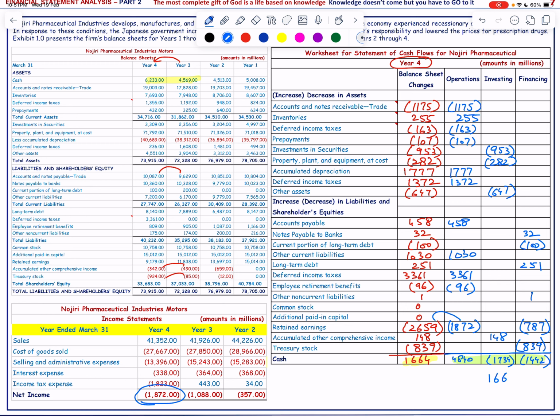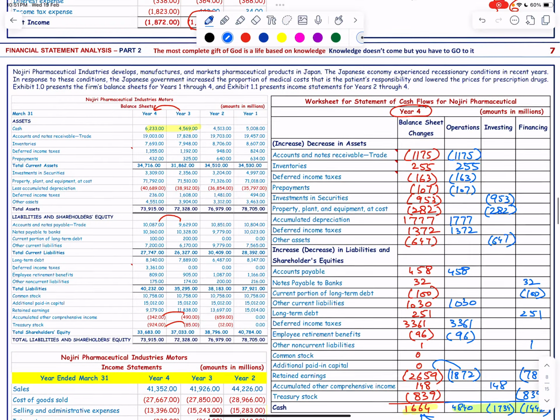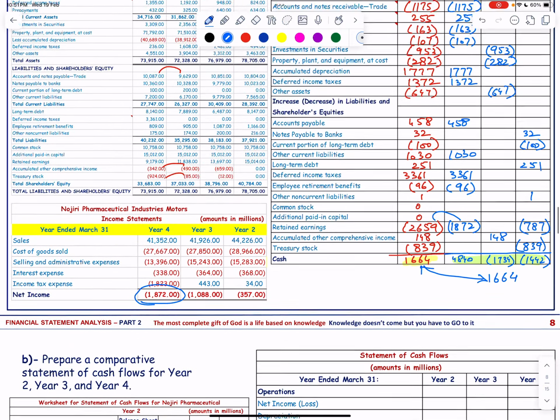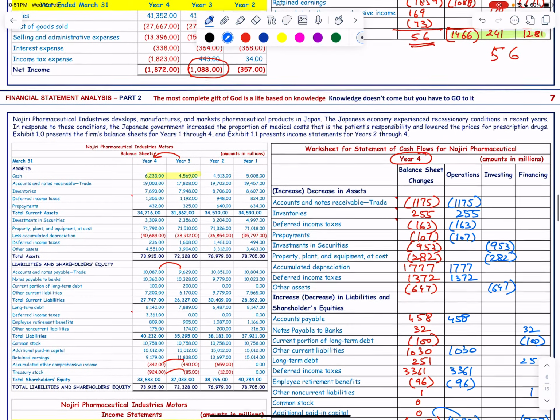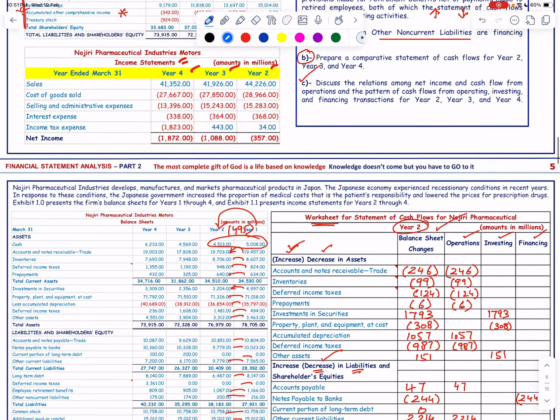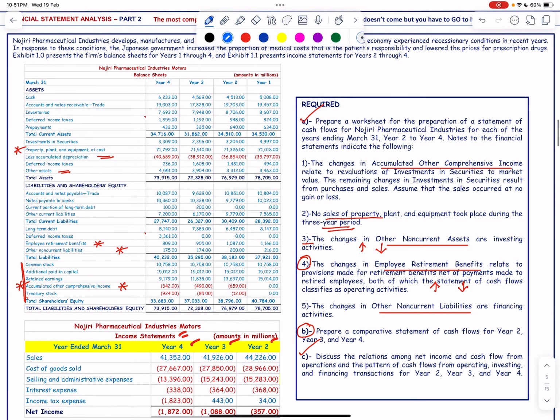If it is the same, we have made the calculations correctly. So this is how we complete the first part, where they have asked us to prepare the worksheet for the year number 2, 3 and 4.